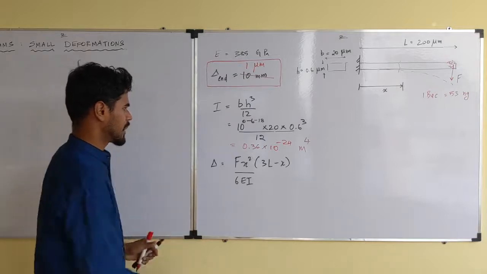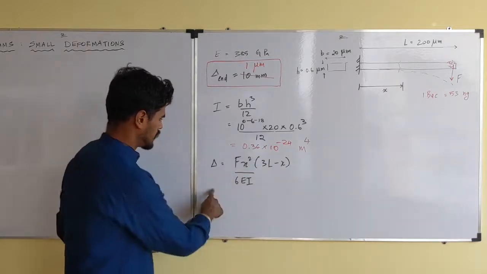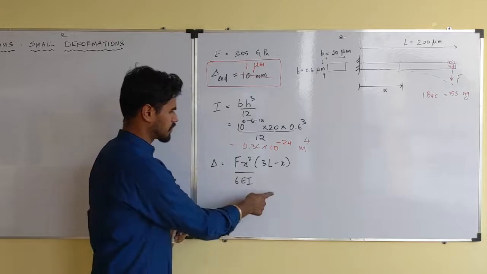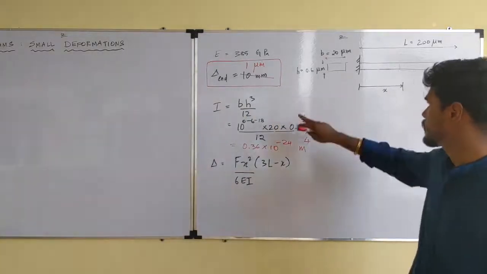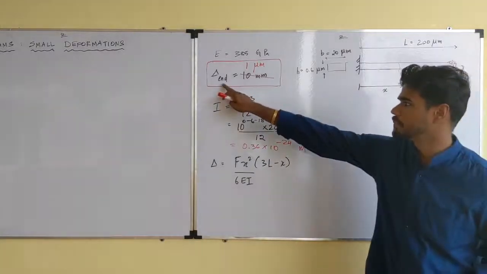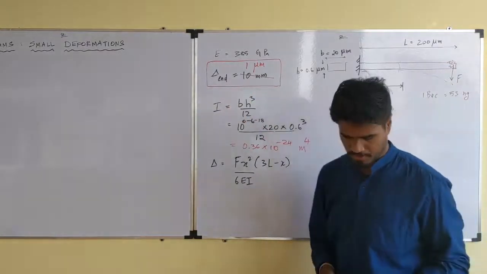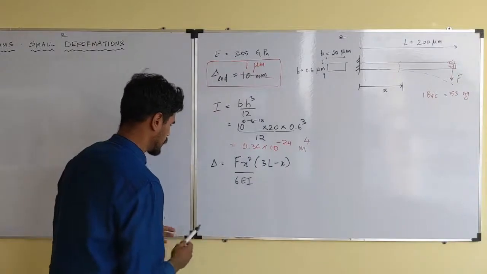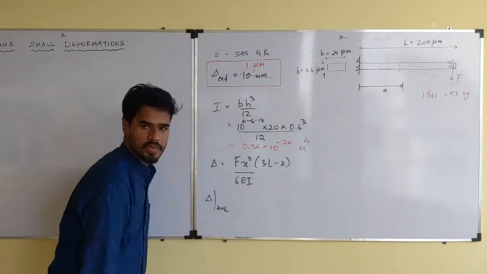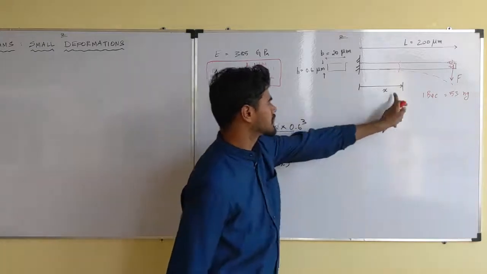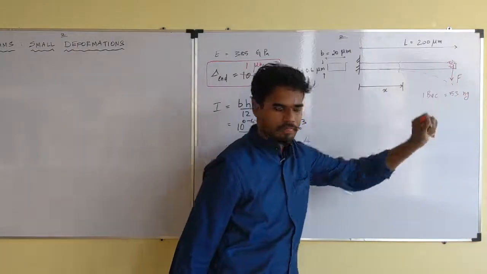Once we have that, this is deflection as a function of X. What we are given is the deflection at the end of the beam, so delta at X equal to L. When X is L, we get the end of the beam.